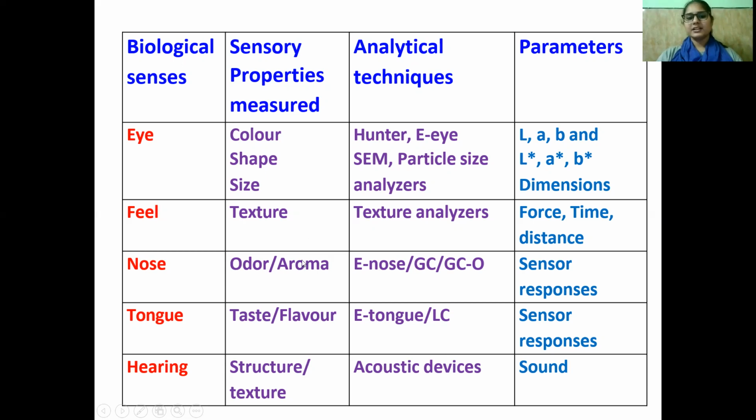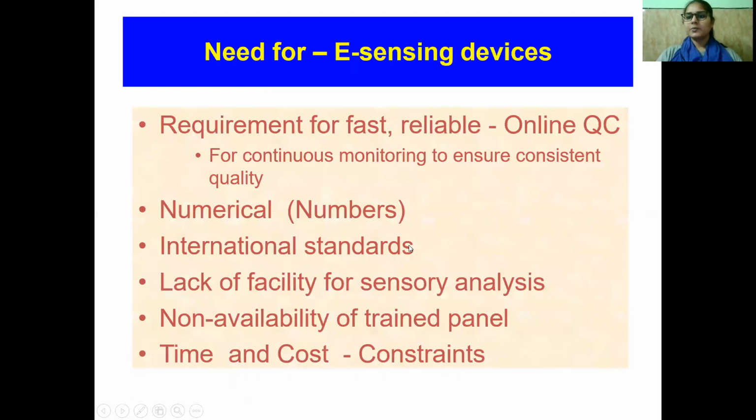The sensory properties measured are taste and flavor, and the analytical techniques used are the electronic tongue and LC, which also depend upon sensor responses. Next we have hearing. By hearing we know about the structure and texture of the food product. The analytical device is the acoustic device, which is used for measuring sound.